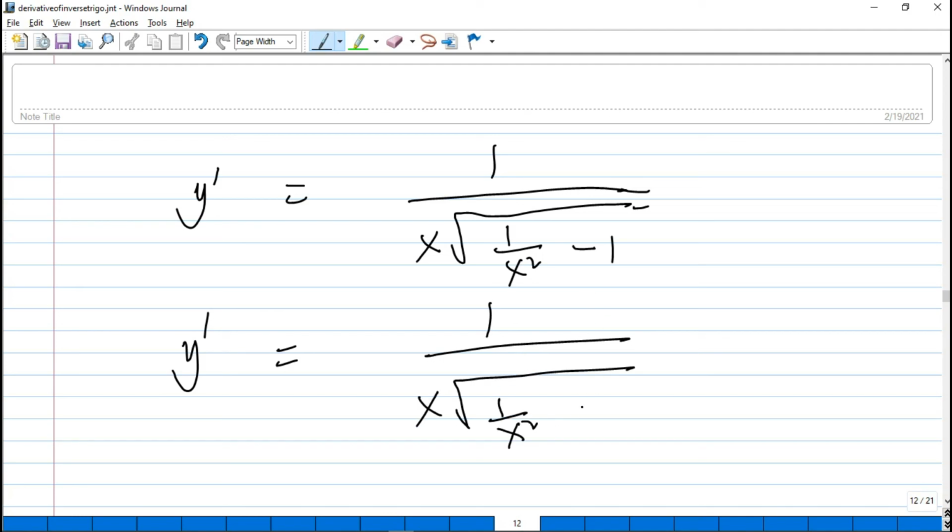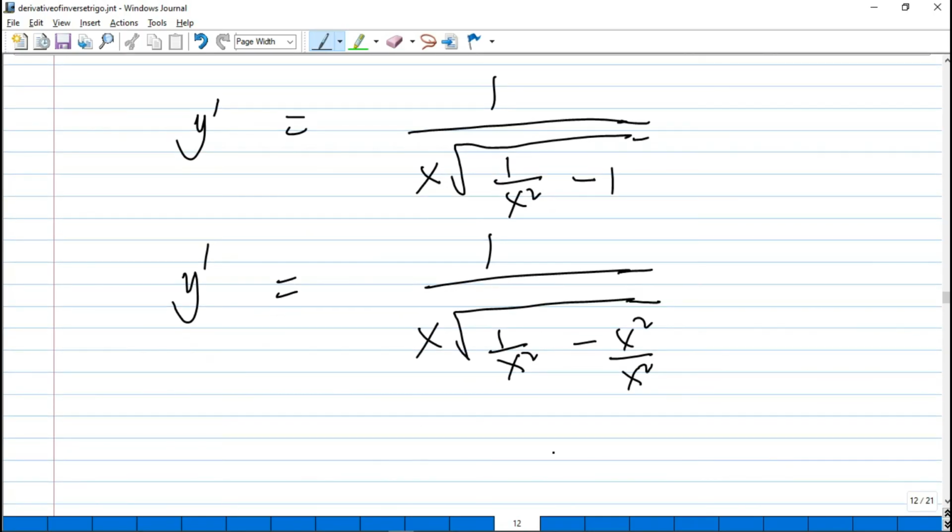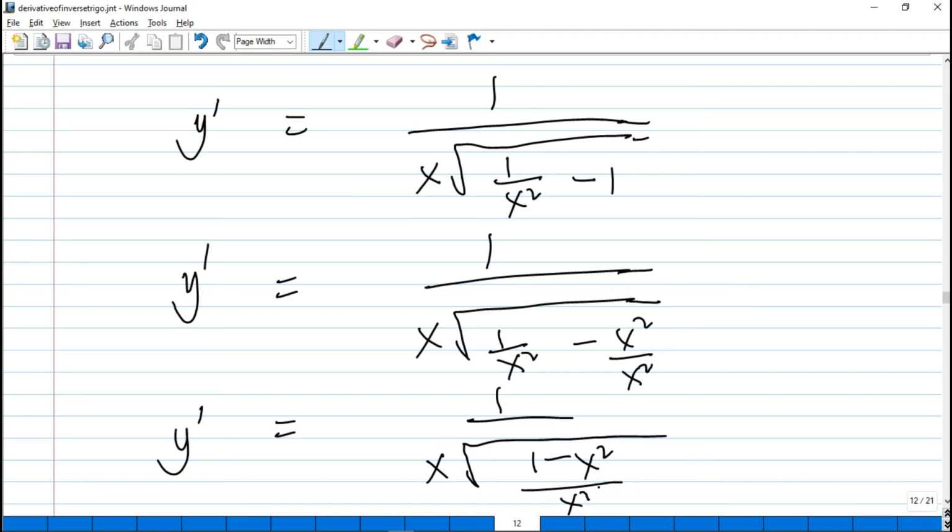So itong minus 1, we can express this as minus x squared all over x squared to combine these two expression. Okay, so this becomes y prime is equal to 1 all over, so this is x here, times the square root of, you have here 1 minus x squared all over x squared.